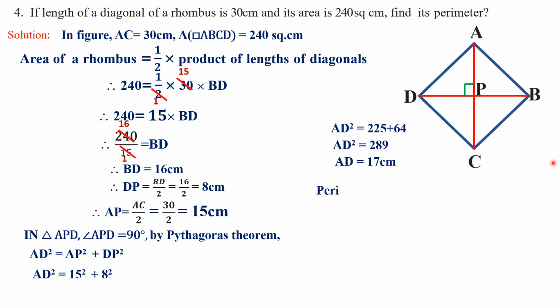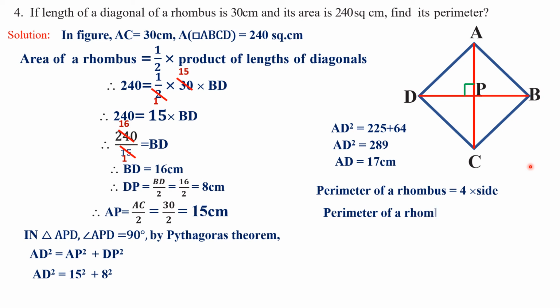Now find out the perimeter. Perimeter of a rhombus is equal to 4 into side. Here side is AD, one of the sides of the rhombus. All sides are congruent. If AD is 17, the remaining sides are also 17. Now substitute the value.